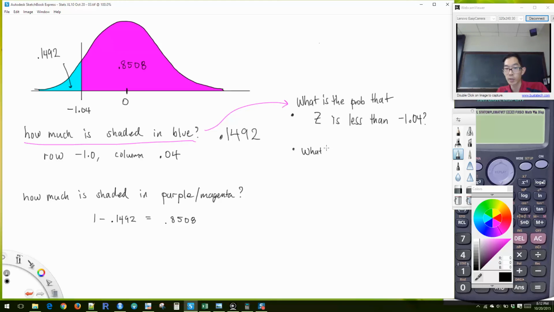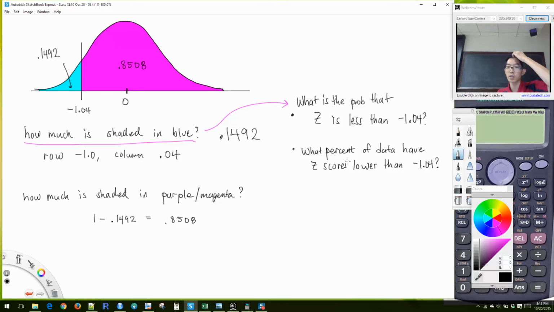What is the probability, or what percent of data have z-scores lower than negative 1.04.